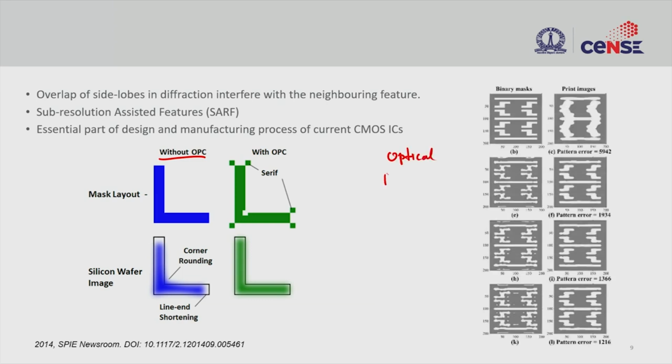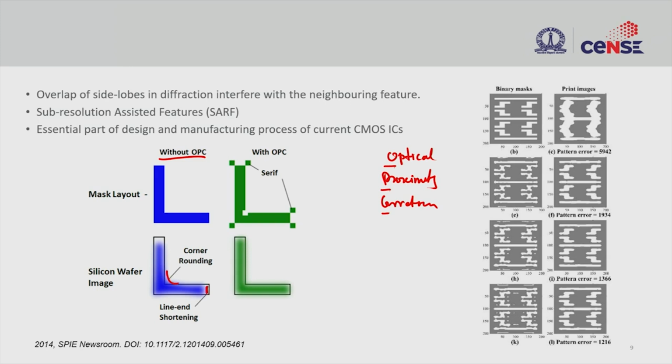If you don't do any optical proximity correction, you get two things. One is line end shortening, the other thing is the corner rounding.